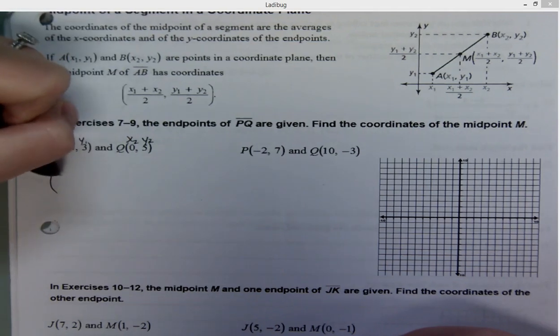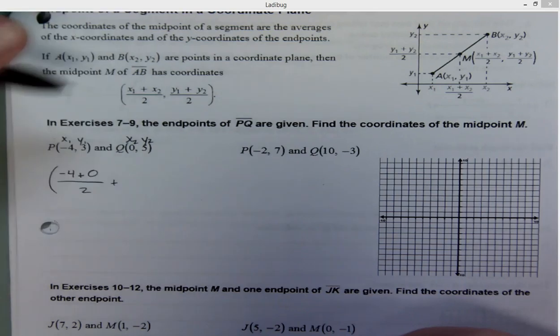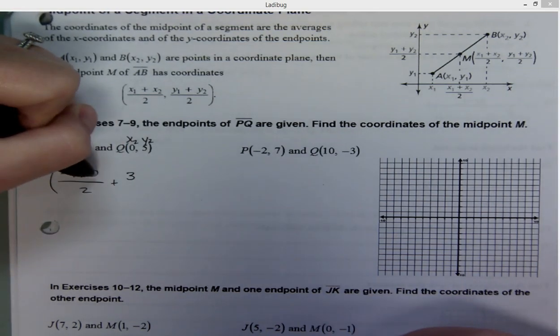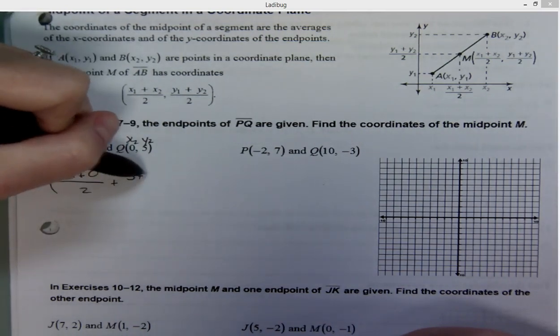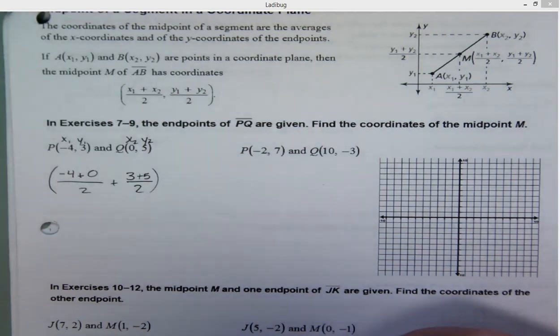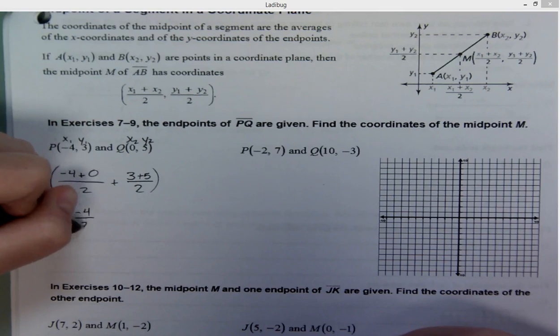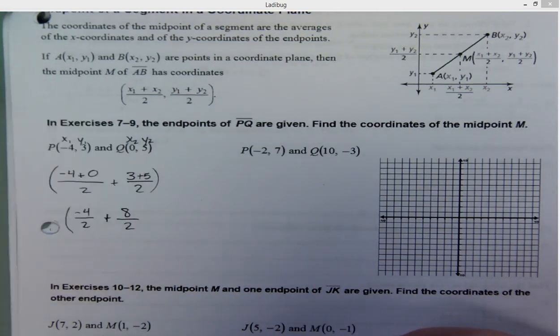So my formula is x1 plus x2 divided by 2, y1 plus y2 divided by 2. Negative 4 over 2, and 8 over 2.